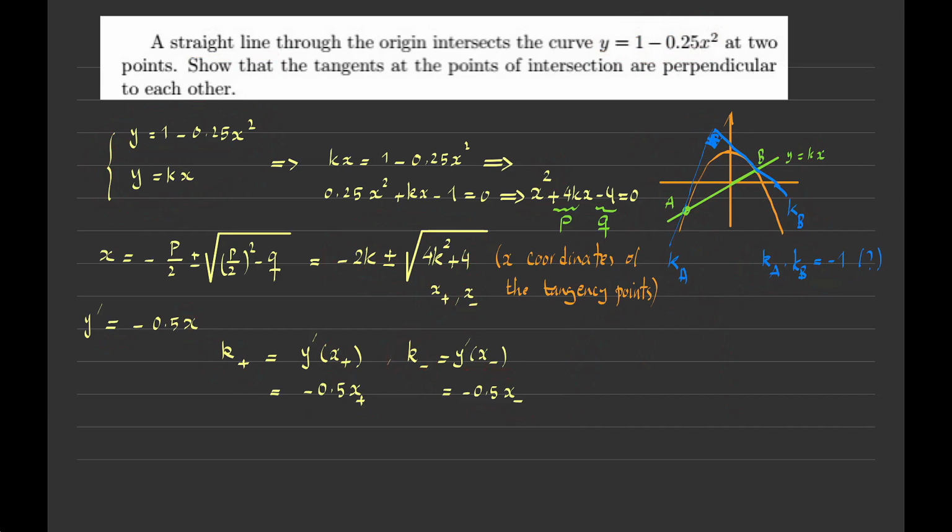And now what I am supposed to prove is k plus multiplied by k minus is minus 1. So let us do it. k plus is minus 0.5 x plus, multiplied by minus 0.5 x minus. Yes? But minus 0.5 times minus 0.5 is 0.25, x plus, x minus. Yes?